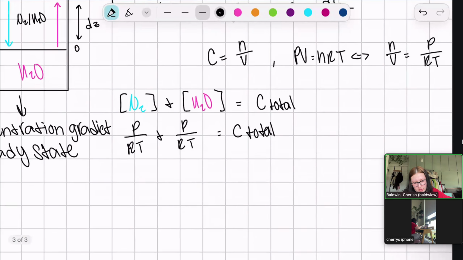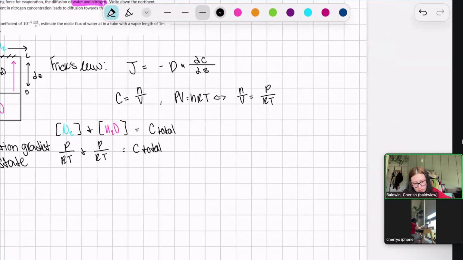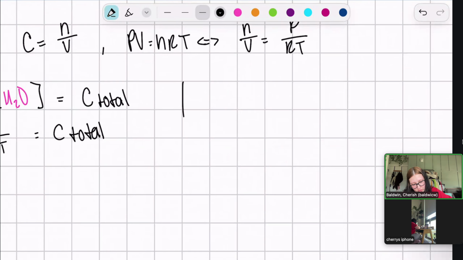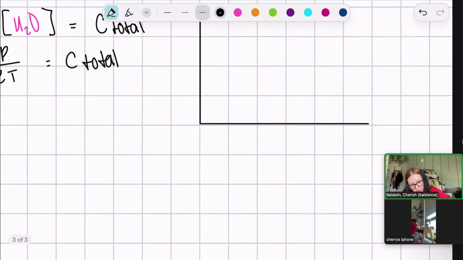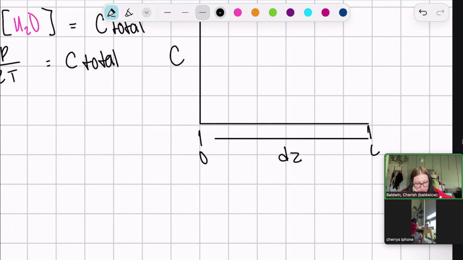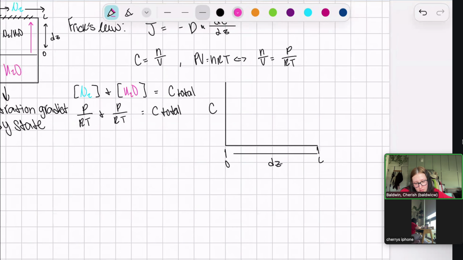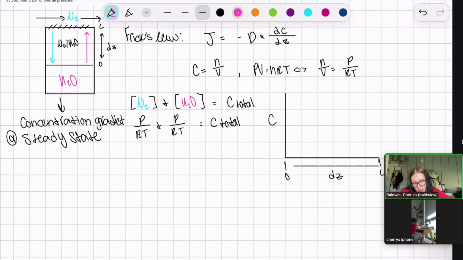So now if we think of the concentration, let's draw it on a diagram. This is concentration, this position is 0, and this position is L. So this is dz. If we think about this qualitatively, we know that concentration goes from high to low.